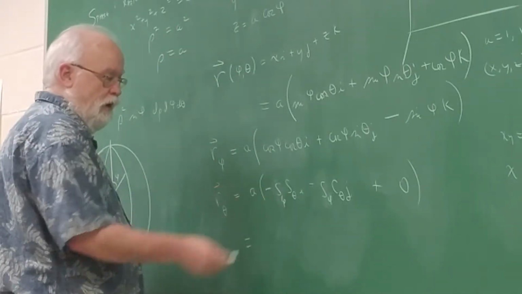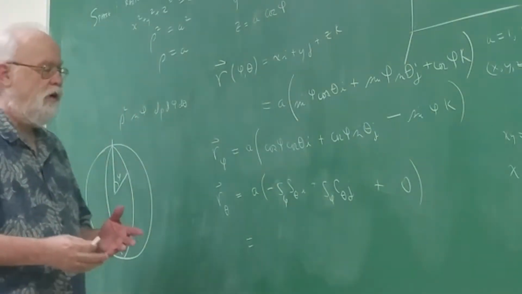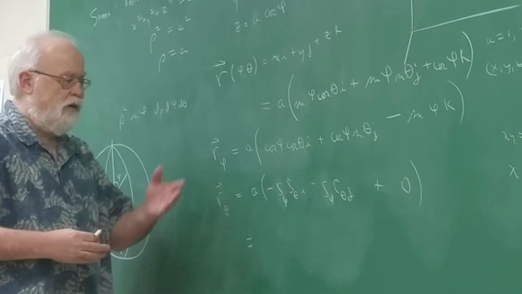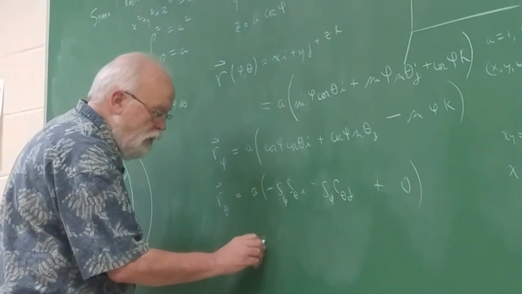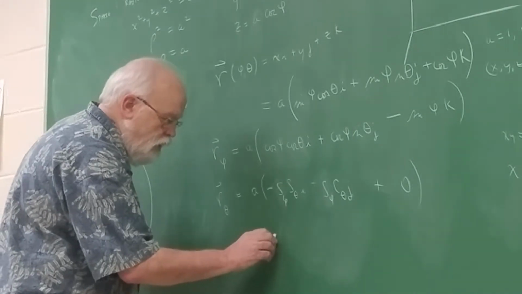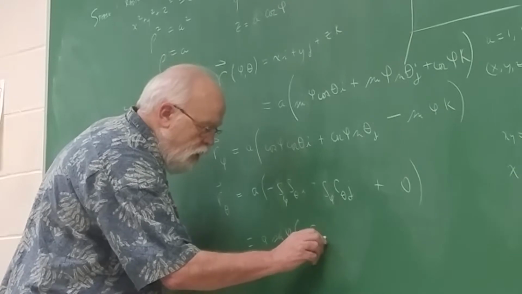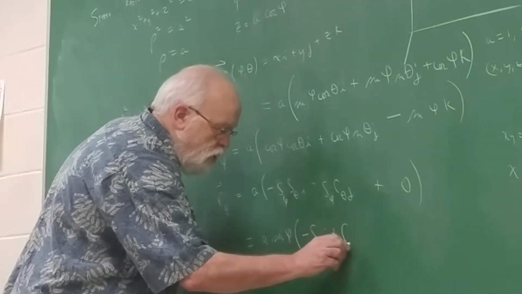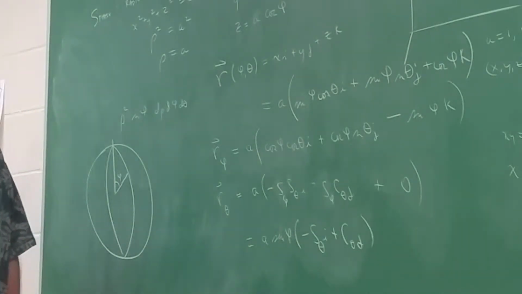So now, what I knew was that the sine was going to factor out. And then when I saw it was a cosine, I said, oh, that's a mistake. So anyway, this will be a sine phi, and then it's minus sine theta i plus cosine theta j.